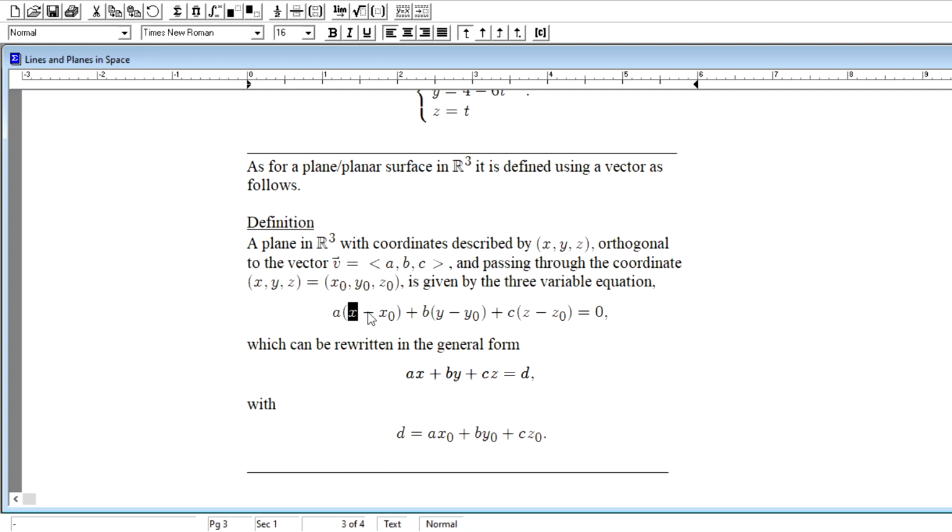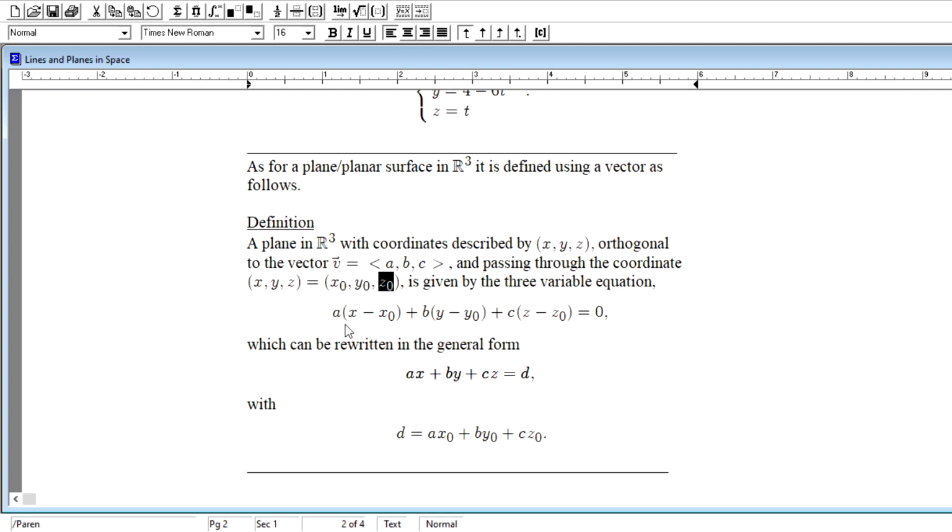This is a times the quantity x minus x null, the x component of the point this plane is passing through, plus b times y minus y null, the y component of that location, plus c times the quantity z minus z null, the z component of that coordinate.